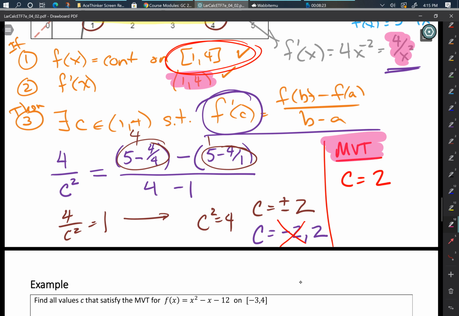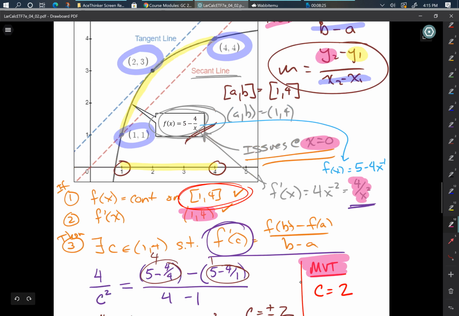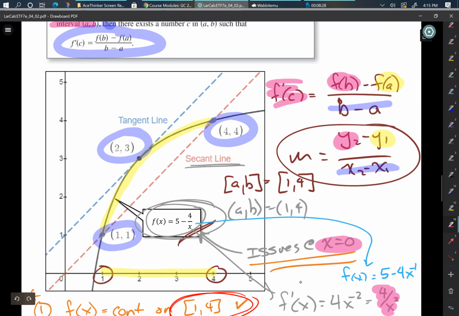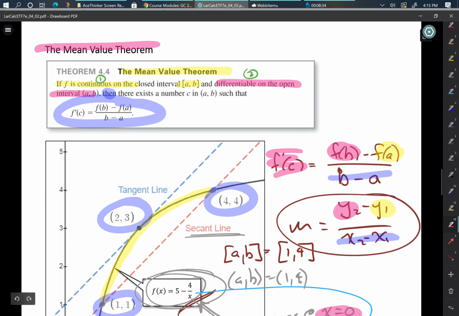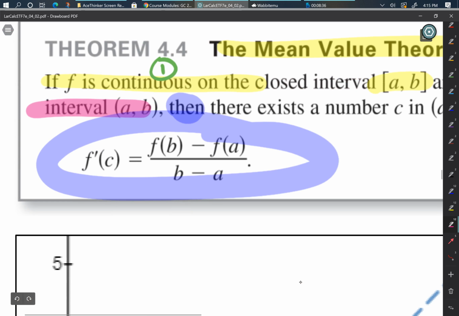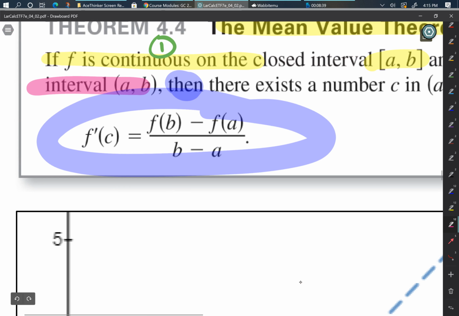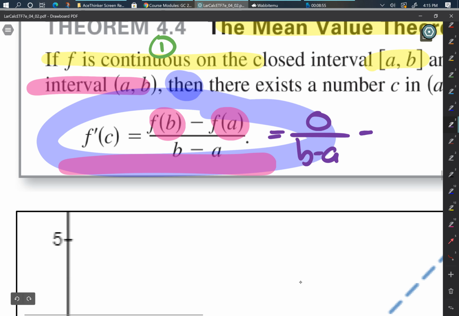Some people make the argument that we shouldn't even bother with Rolle's theorem, because Rolle's theorem is just a special case of the mean value theorem. The mean value theorem says that f prime of c is equal to f of b minus f of a, divided by b minus a. Rolle's theorem said that these 2 values in the numerator were the same, so this just turns into 0 divided by b minus a, which is just 0.